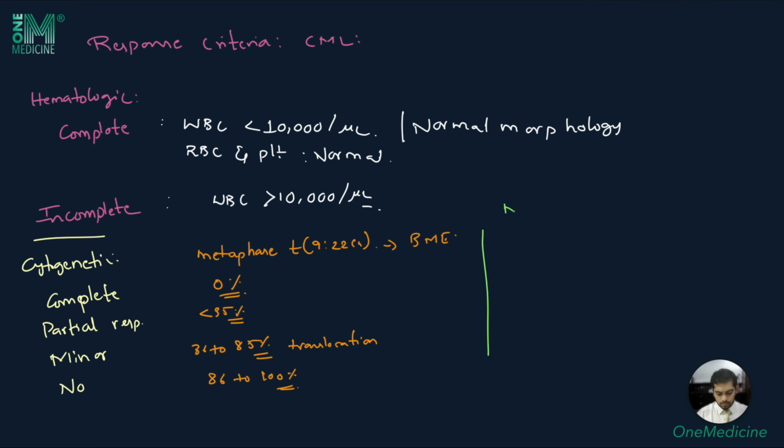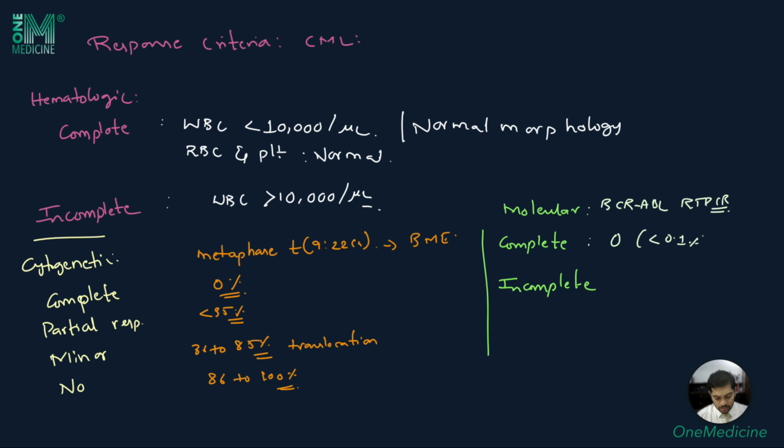Another remission is molecular remission, and we have complete molecular remission and an incomplete molecular remission based on the detection of BCR-ABL gene transcript by RT-PCR method. And in complete remission, there should be 0 or less than 0.1%. In incomplete remission, anything more than 0.1%, it is called incomplete molecular remission.